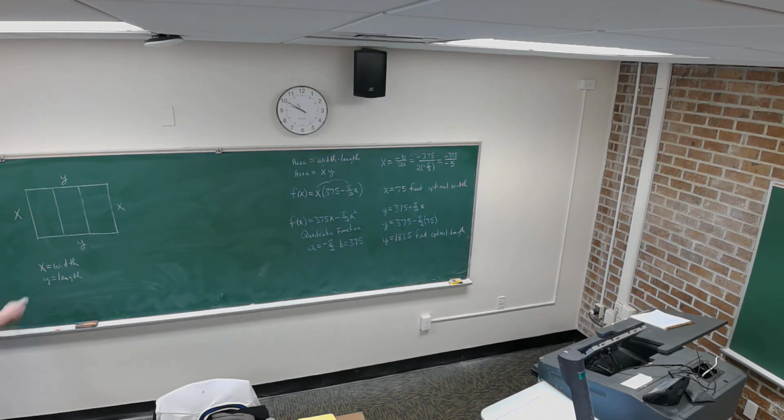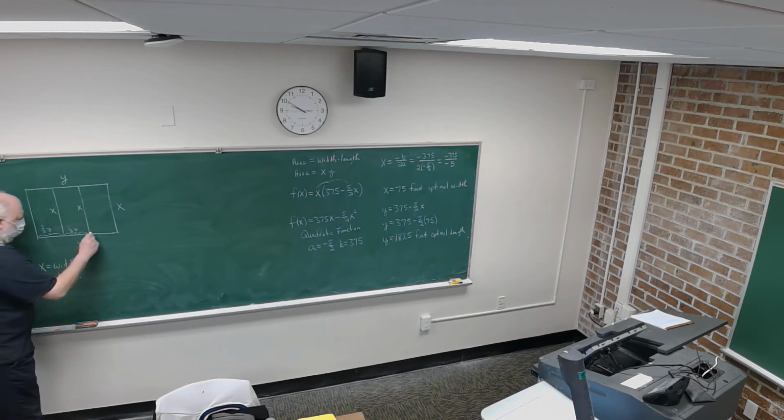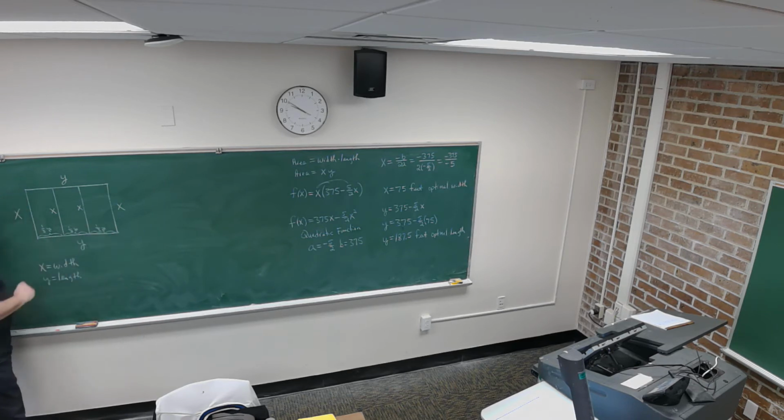And technically, so each of these 2 sections of fencing, right, are x feet long. Yeah. And technically speaking, the width of each of these pens is 1/3 the length. The length is y. It really doesn't matter whether the pens are of equal size or not. Okay.